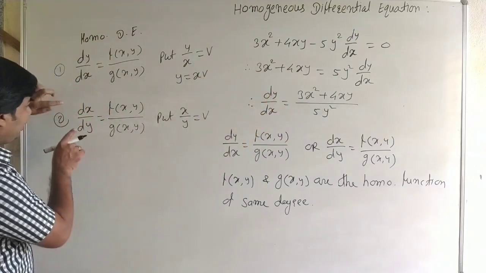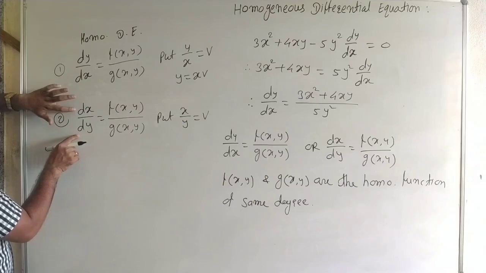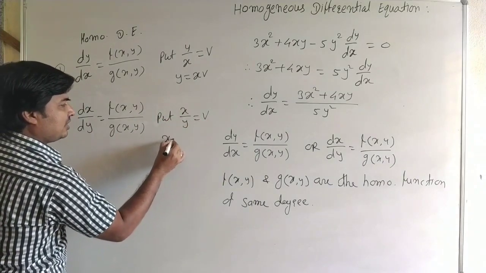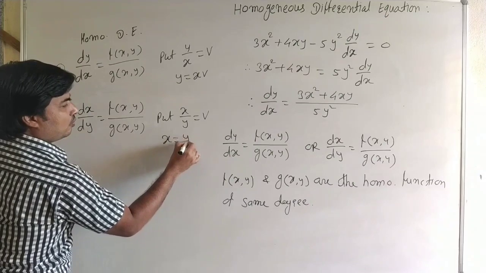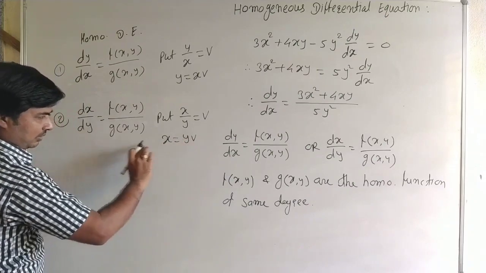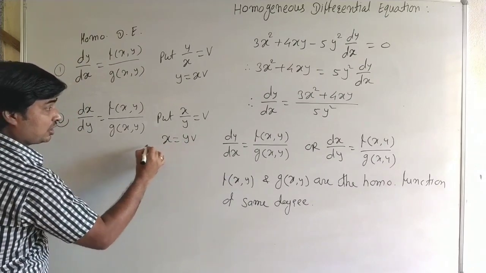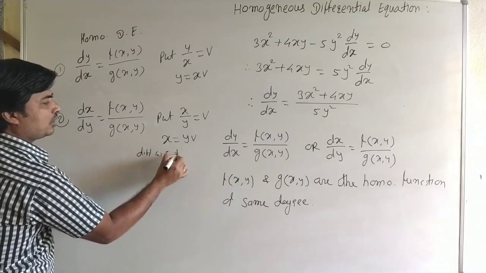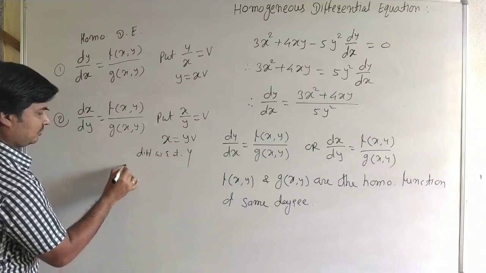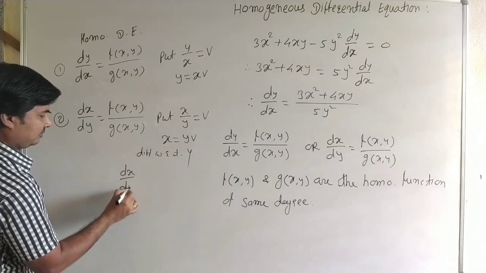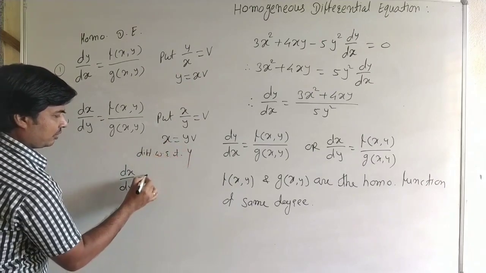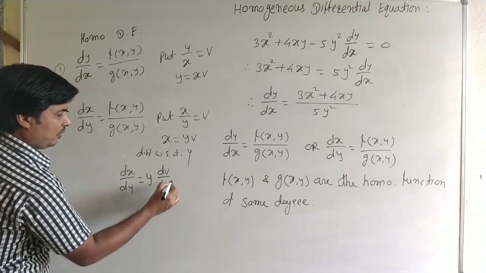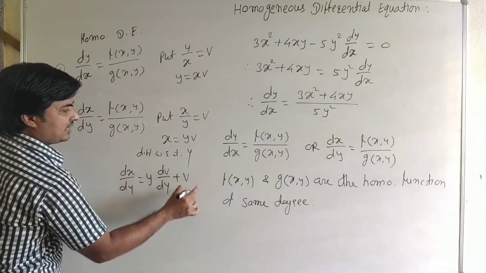When we write dx by dy, then put x by y is equal to v, that means x is equal to y into v, and then differentiate with respect to y. Then dx by dy is y as it is, derivative of v with respect to y, plus v as it is, derivative of y, which is 1.